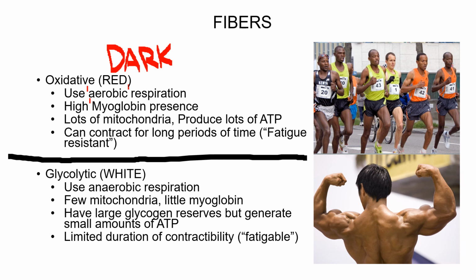Myoglobin, once again, is that protein found inside of the muscle that binds to oxygen, holds on to oxygen. And because we have a whole lot of oxygen inside of the muscles, we also have a whole lot of mitochondria that can make us a lot of ATP. So these guys and gals, they can go for a very, very long time. They're what we call fatigue resistant.